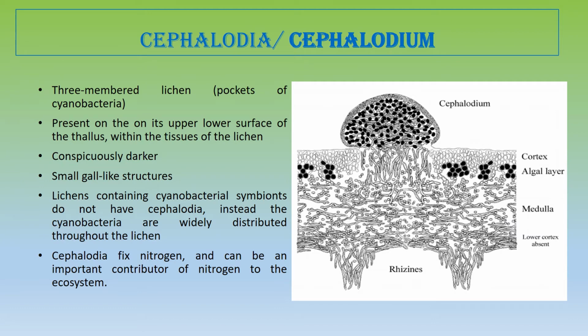Now another structure found is the cephalodia or cephalodium. As we know, the upper surface of the foliose lichen sometimes contains hair-like structures.